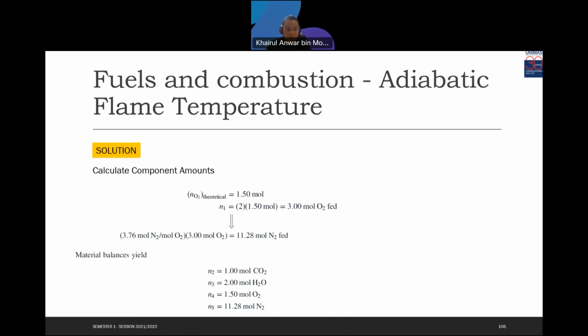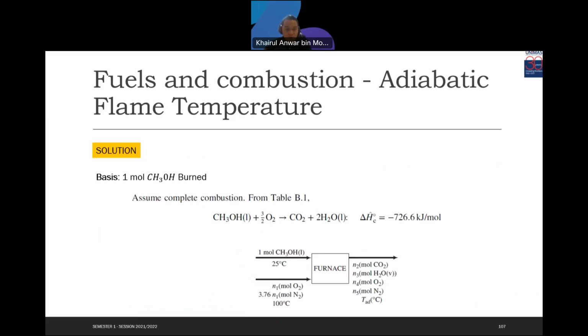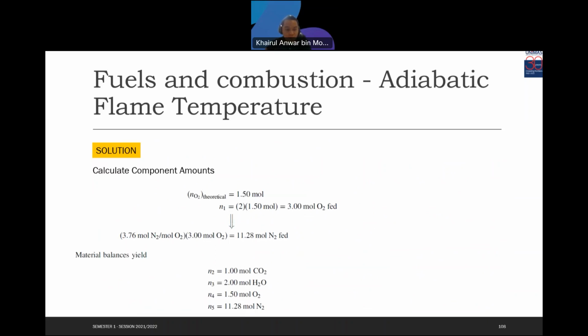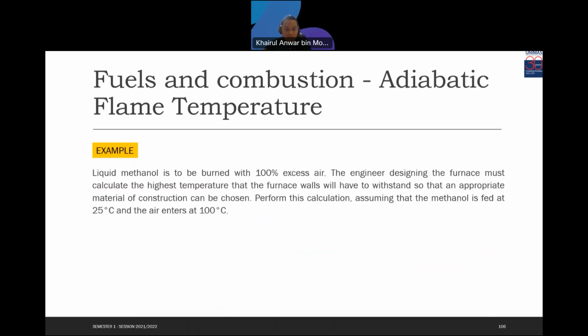Calculate component amounts: the theoretical O2 is 1.5 mole, and with 100% excess the O2 fed is 3 mole.